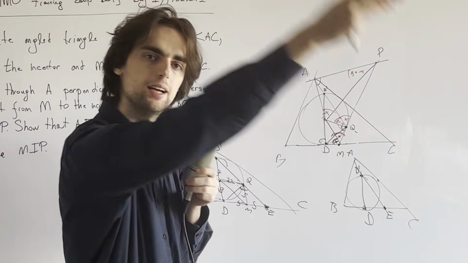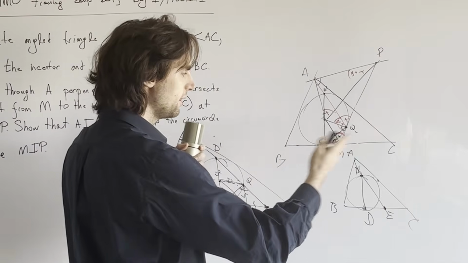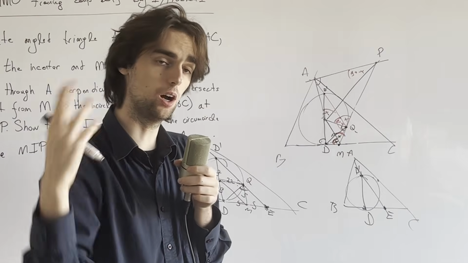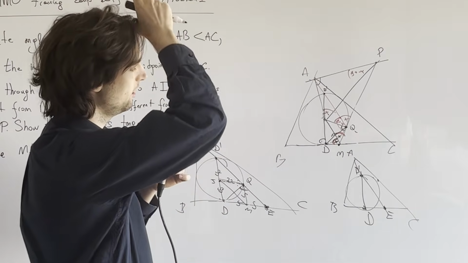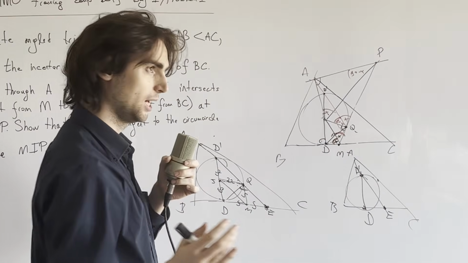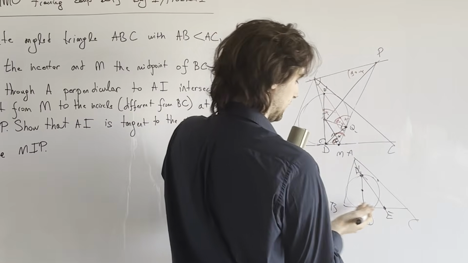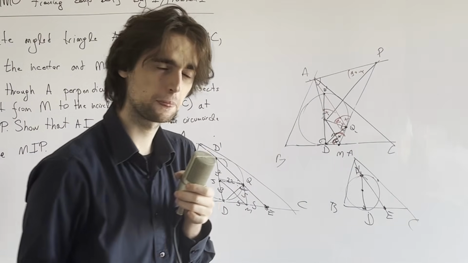This is also a lemma, but one way is homothety, and the other way is similarity. If you don't like the word homothety, or you don't know what it means, then we'll stick to similarity. I have this point D prime, and BC is really the tangent of the incircle.